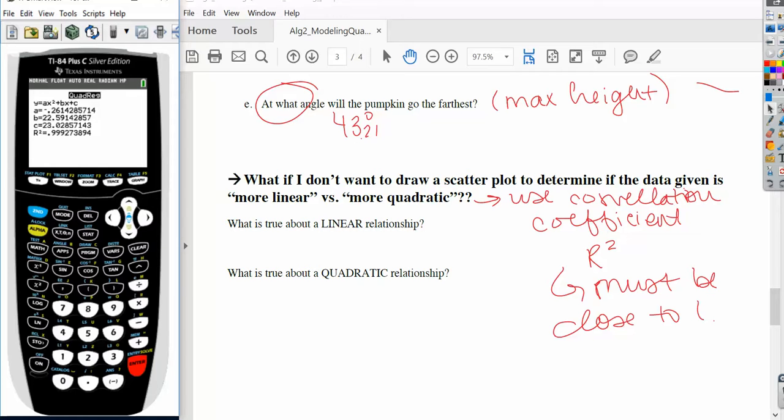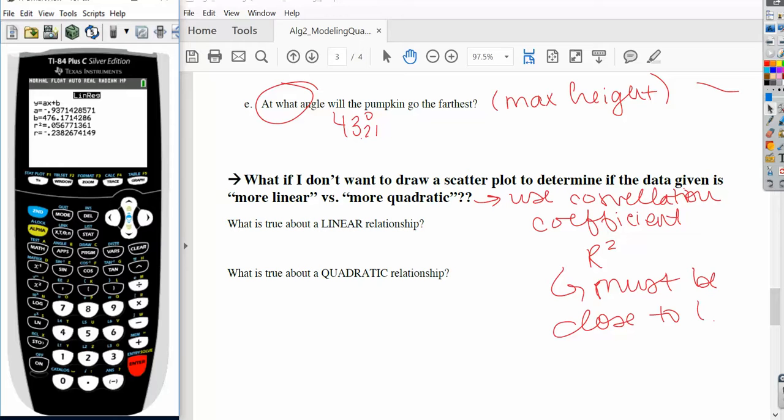R squared for this is 0.9927, so that's pretty close to 1. What if I do stat, calc, and instead of 5 for quad reg, I do 4 for lin reg, and I scroll down to calculate? Notice R squared is 0.056, that's not close to 1 at all. Since 0.99 was closer to 1, that means quadratic is a better relationship for this model.